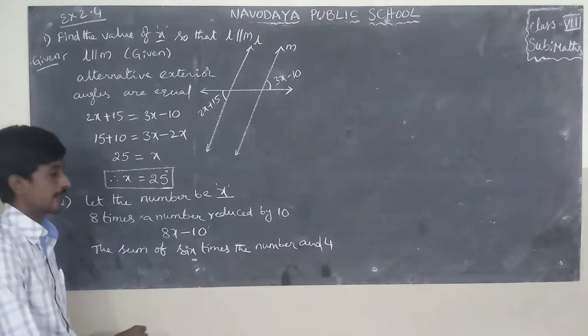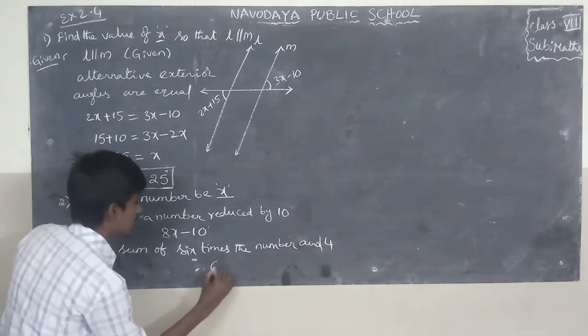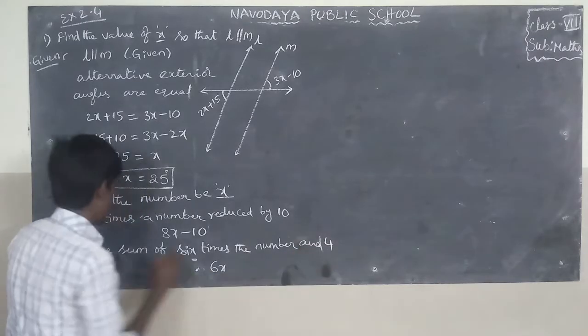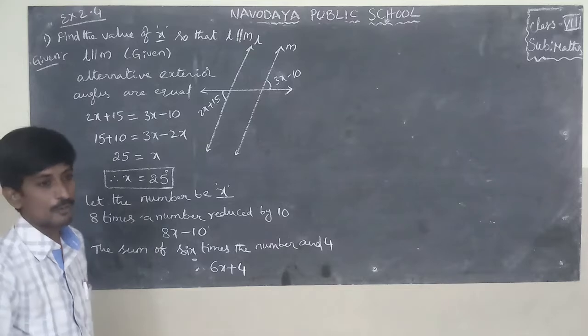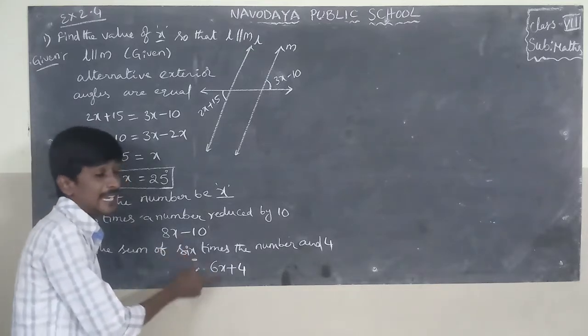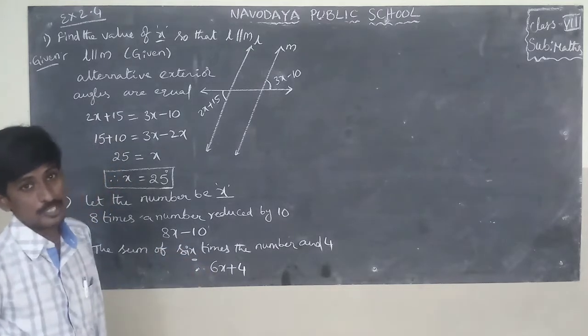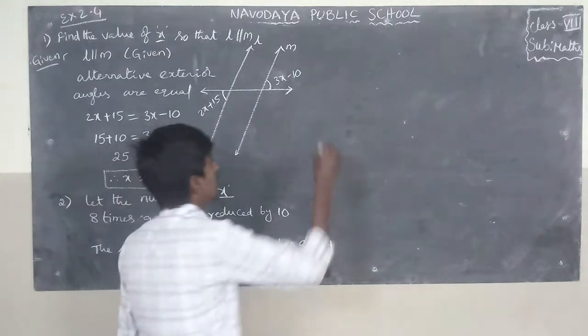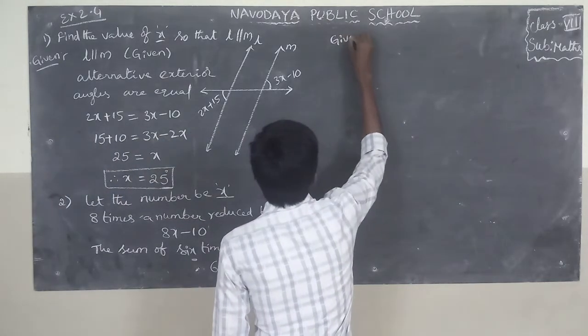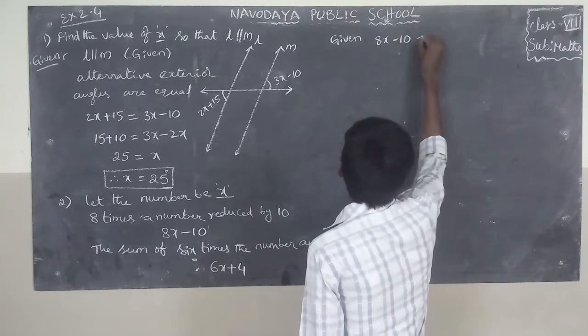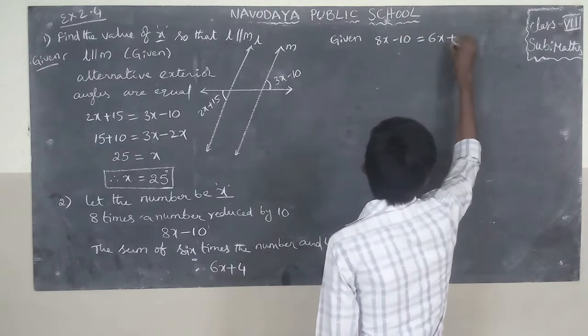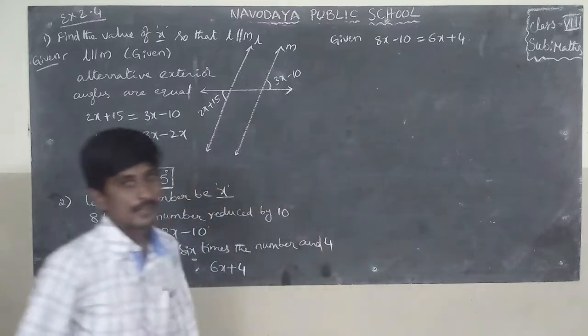Sum means adding, so 6x plus 4. These two are equal, as given. So 8x minus 10 is equal to 6x plus 4.